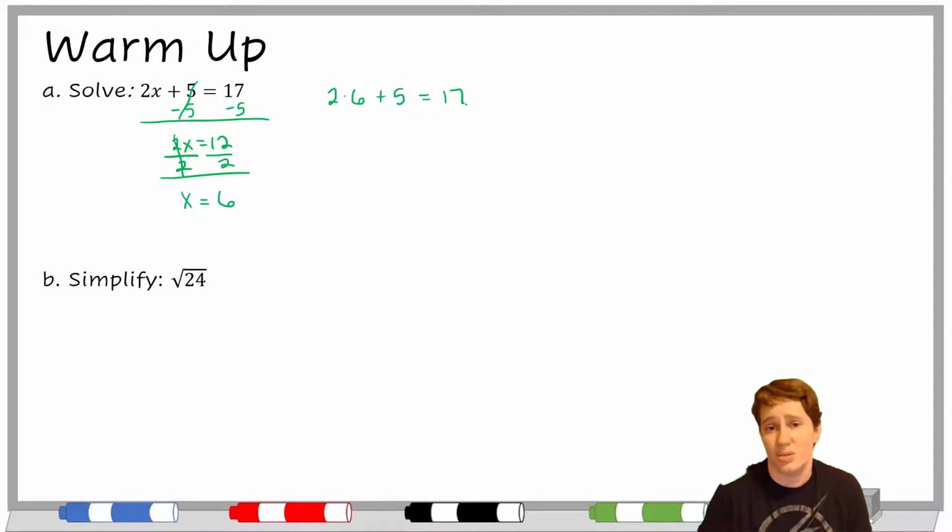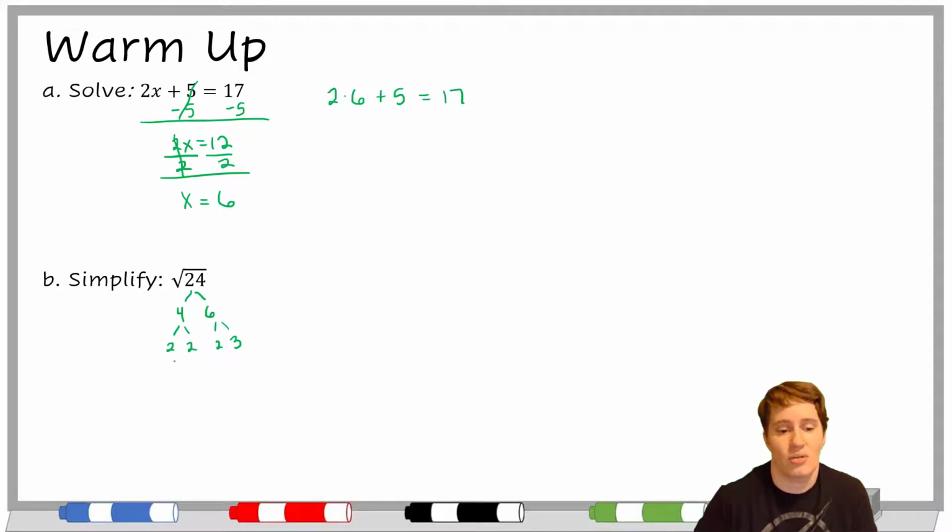So for these square roots that aren't perfect squares, we check to see if they have perfect squares inside of them, because our goal is to make the number inside the square root as small as possible. For a number like 24, that means thinking about what is inside of 24. We can split 24 up into 4 and 6. Basically, I'm making a factor tree here. So 4 and 6, which splits up into 2 and 3. Once we have it as its prime numbers, we look for pairs of numbers.